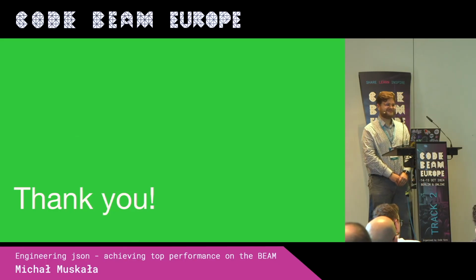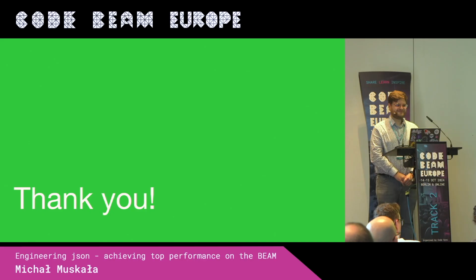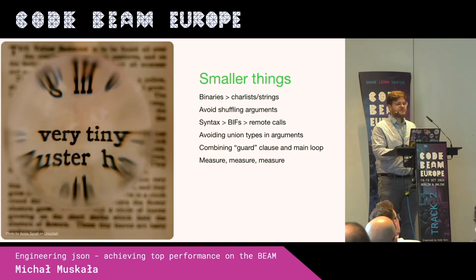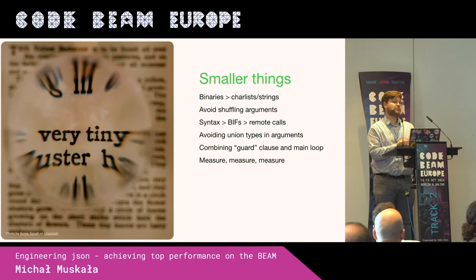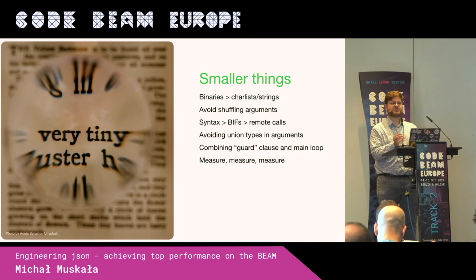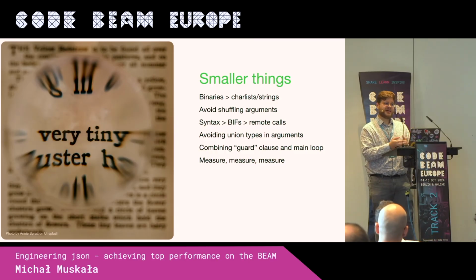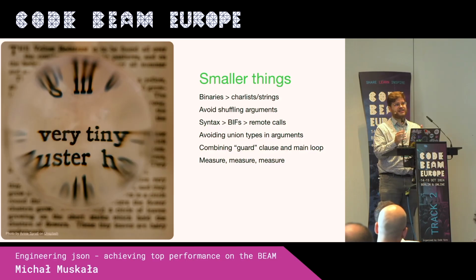Hey, Michał. One of your suggestions for performance was to avoid unions as arguments. Can you expand on that? Yes. This mostly comes from the way that the compiler optimizes types. For example, if it knows the argument is an integer, it can emit much more efficient code than if it doesn't know that and sees that it's an integer, but sometimes it's a float. One of the common patterns that breaks that is in recursive functions, when you have a first clause that does some massaging of the arguments to make them look nice, like coercing everything to integers from floats.